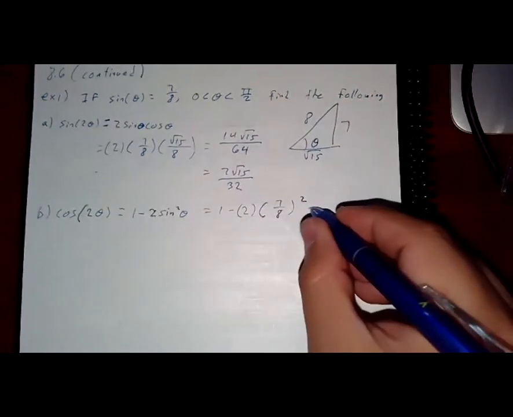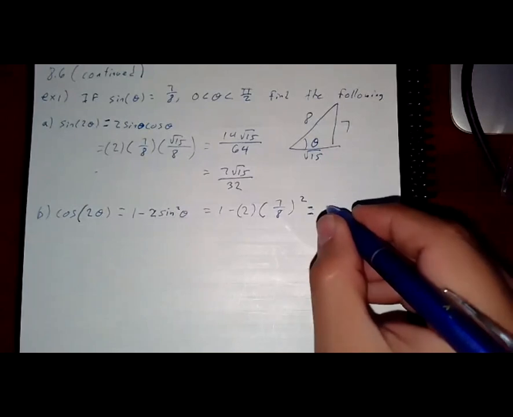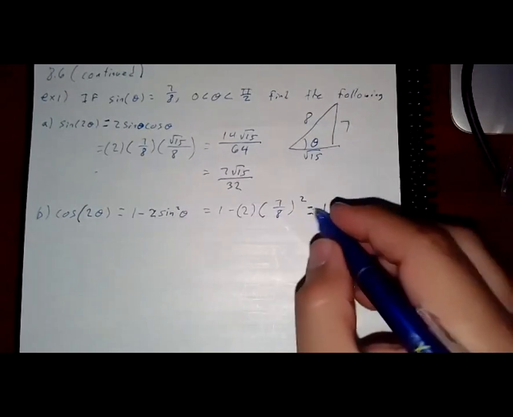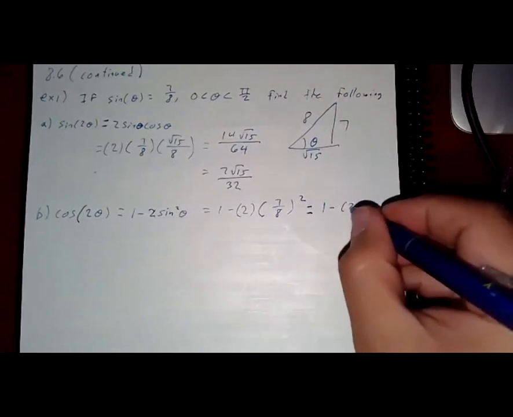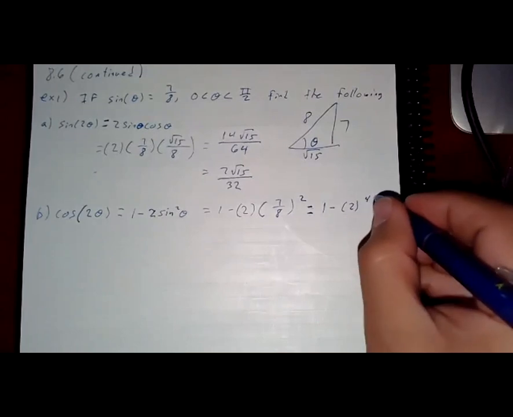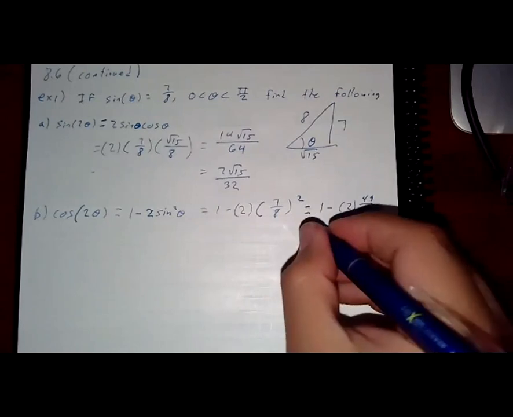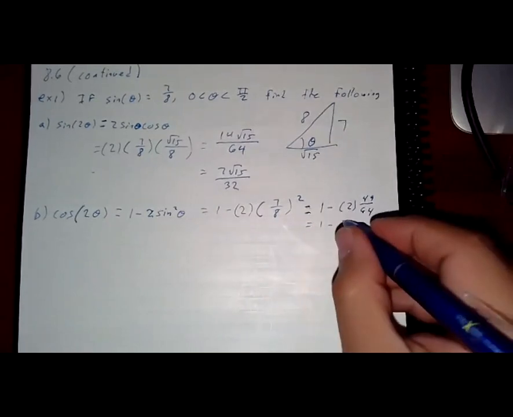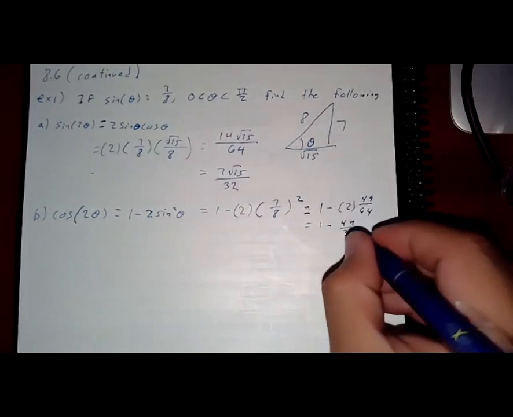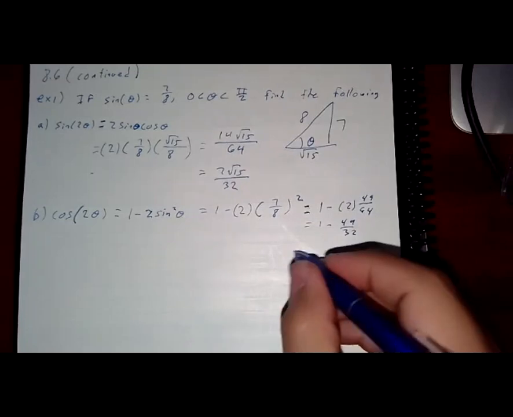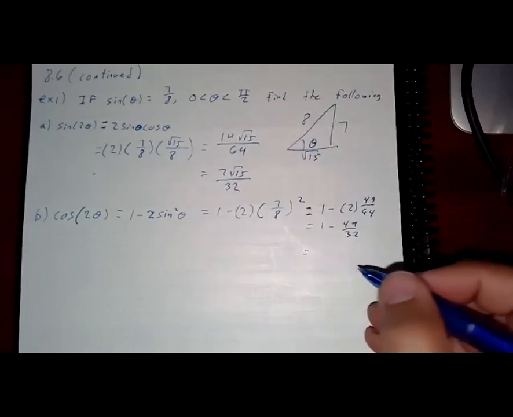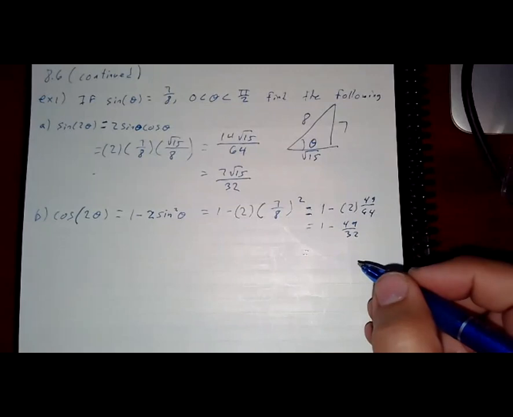So it'll become 1 minus, that'll be 2 times 49 over 64, which is really 1 minus 49 over 32, which is a negative, right? 1 minus 49 32nds.